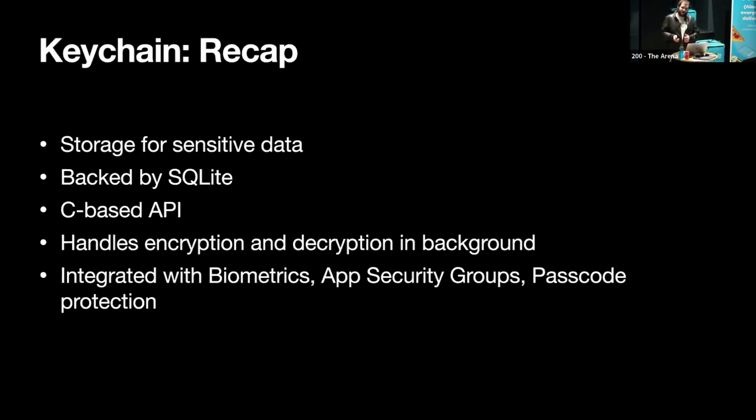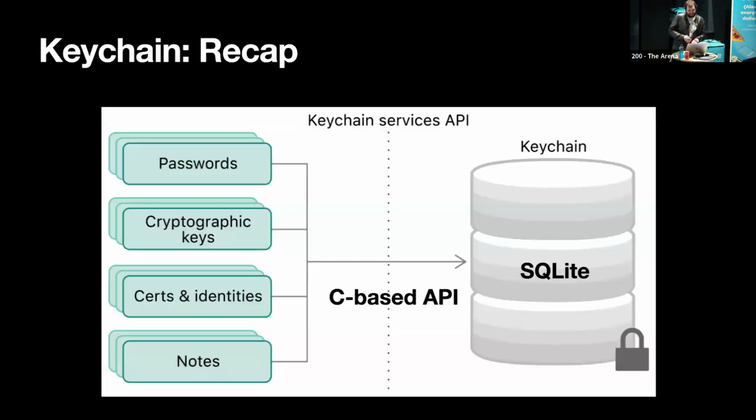It uses the secure enclave in the process, so it doesn't store everything in the secure enclave, but it is used there for encryption and decryption keys, and it's integrated with biometry, app groups, and passcode protection. All of these features are working seamlessly. So this is how it looks, and today we're going to be focusing on the C-based API component. We are going to really look deep into this part.